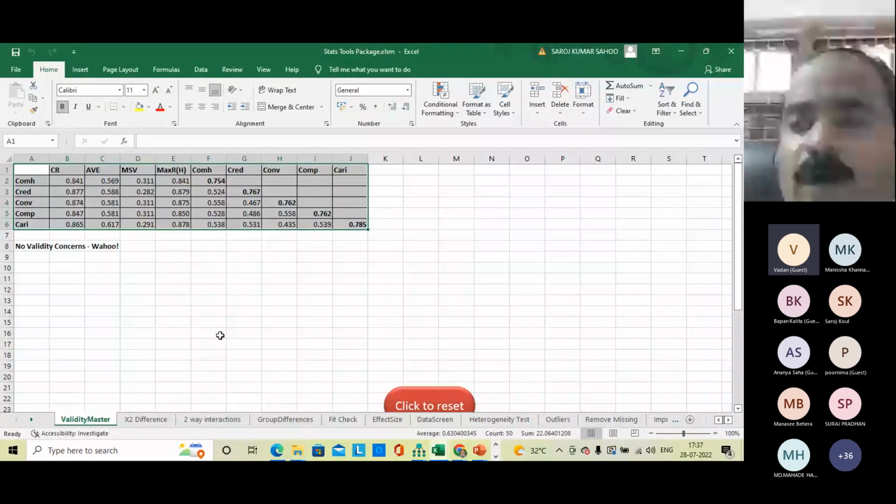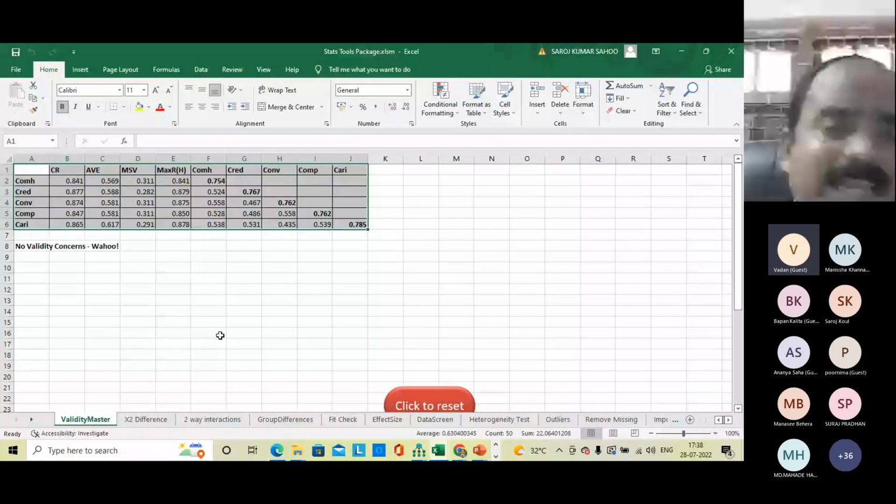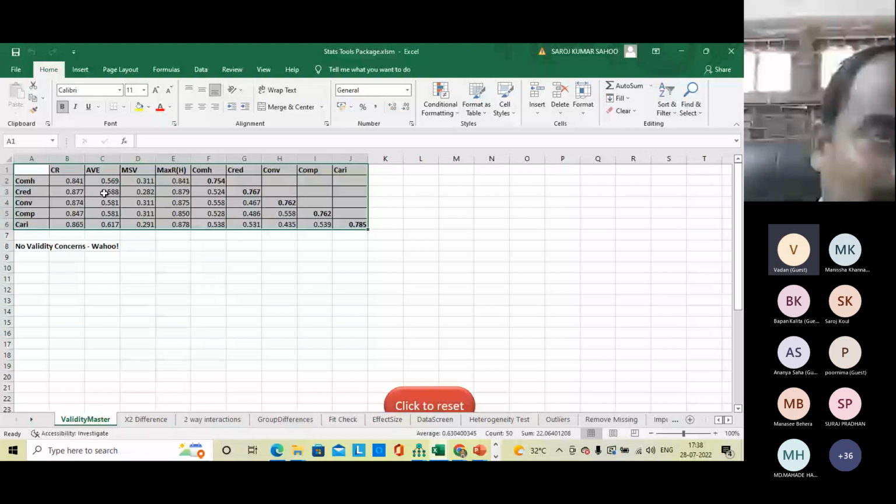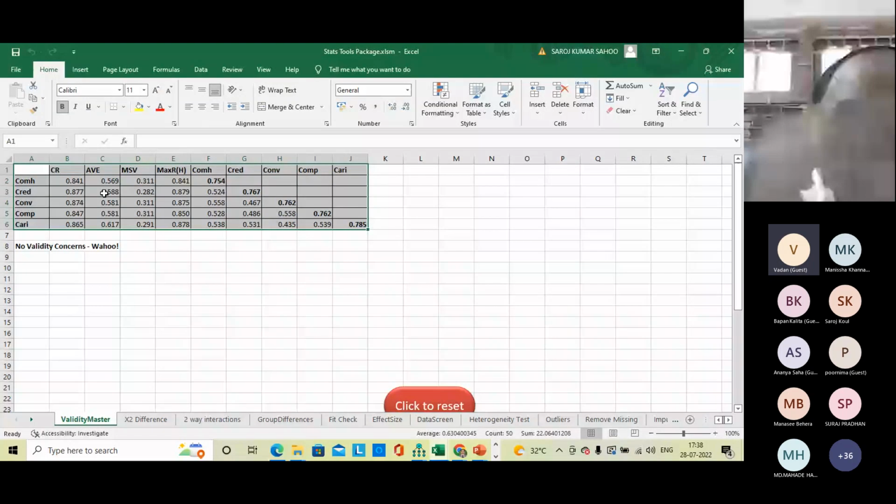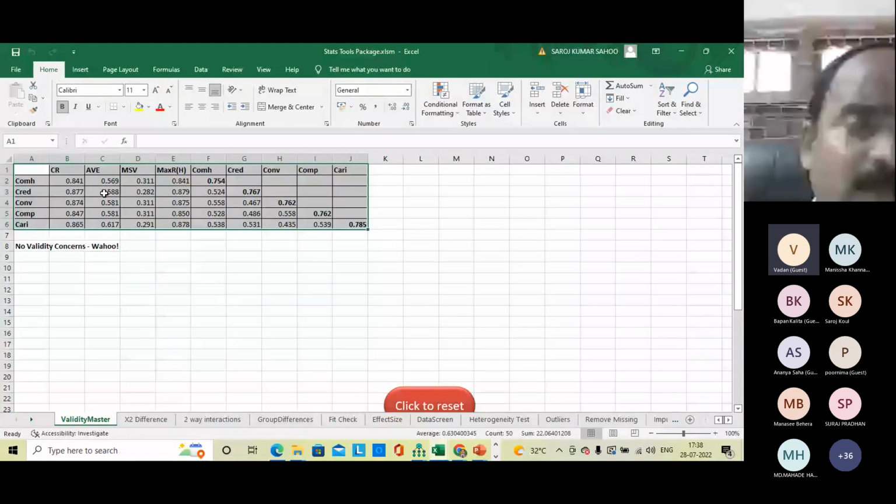You take this table to your thesis Word file, insert another column next to the CR, write the heading Cronbach alpha, and put all the separate values you obtained. Done. In a single table, both reliability and validity are done.